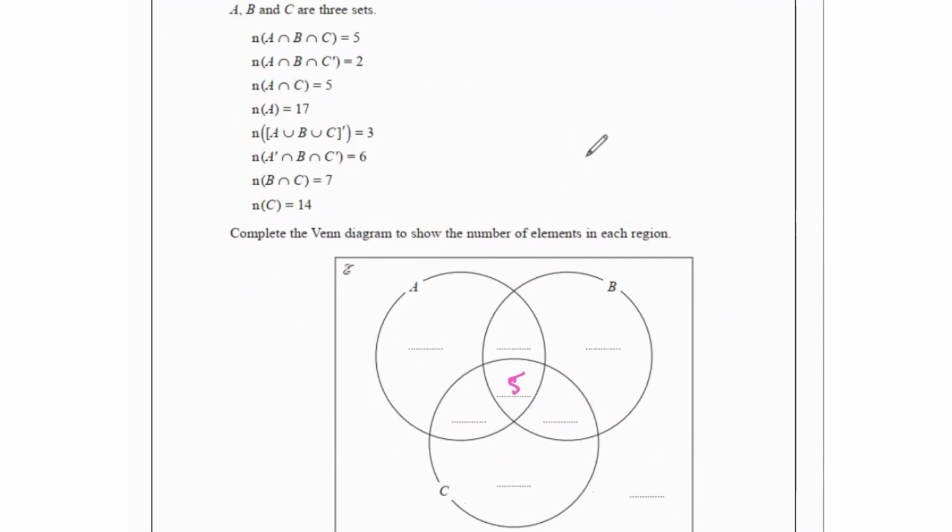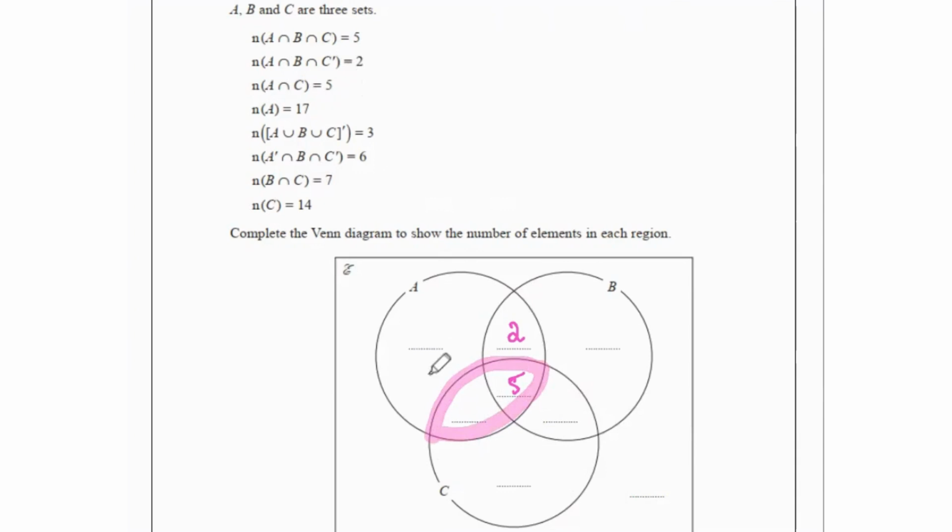So this is that part where C isn't included, but A and B are intersecting. So that's this part because we're excluding C out of this. So it's just A intersection B excluding C. The number of A intersection C is 5. A intersection C is all of this.